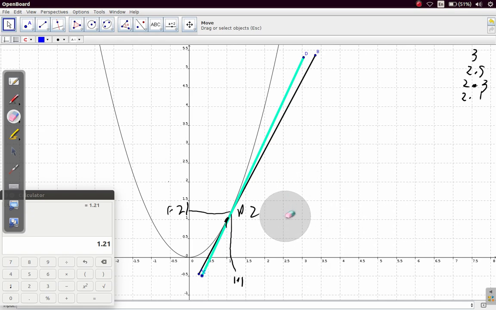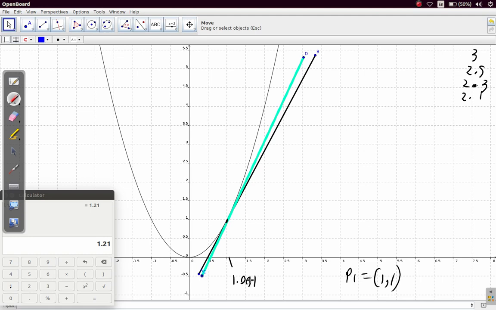Alright. The thing is, we want to get even closer to that point. So we maintain our point 1 as (1, 1), but let's move very, very close to 1. So we move to 1.001, extremely close to 1.